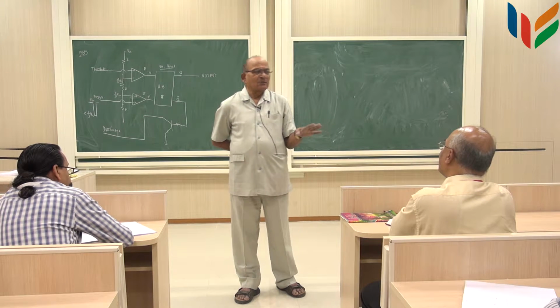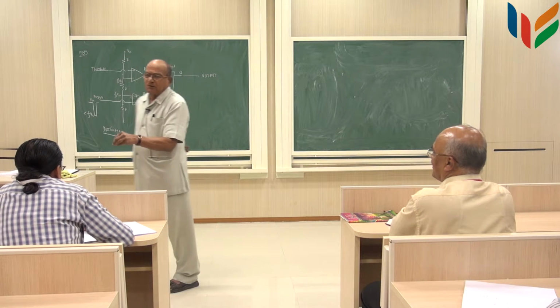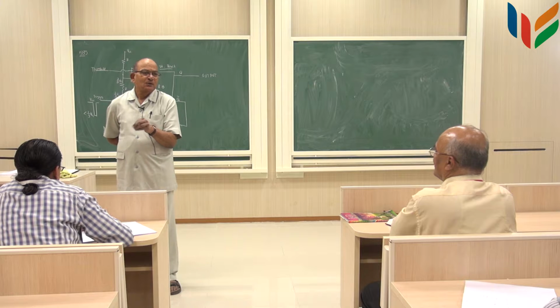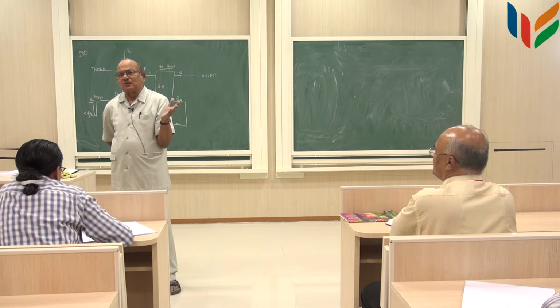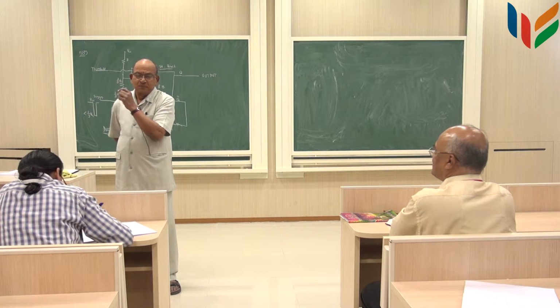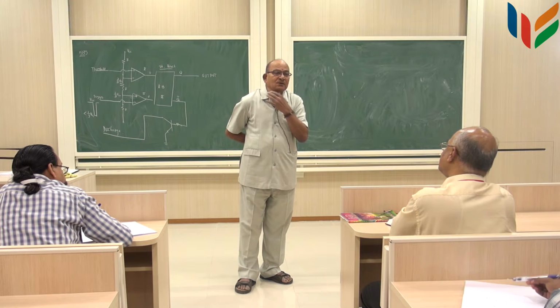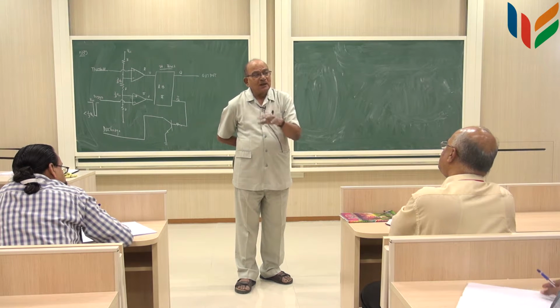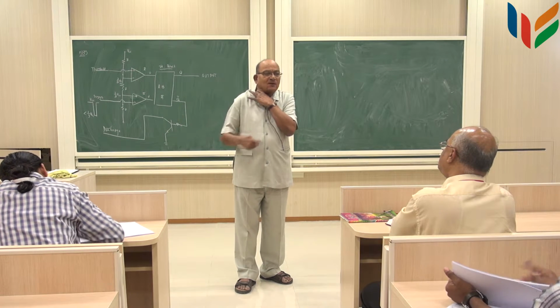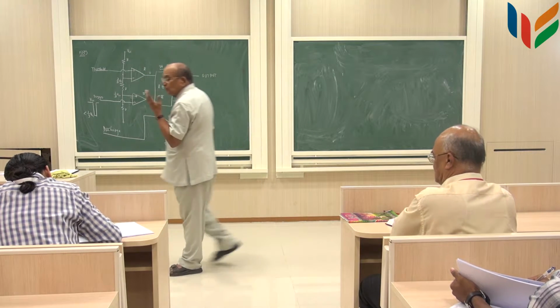I have not mentioned that to you, but it is possible to do. So, people incorporate that also into the multiplier to make a linear relationship, with the output equal to x1 into x2. So, this is what is called a Gilbert cell, as I mentioned to you, where this tan hyperbolic inverse is also incorporated. So, we know how to do multiplication.